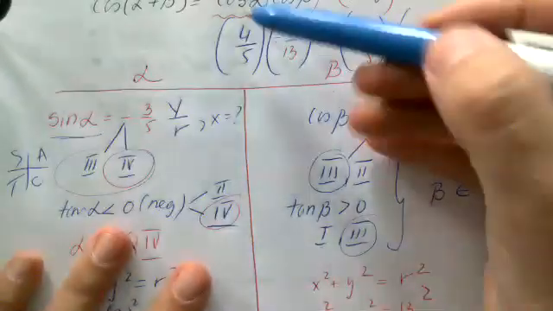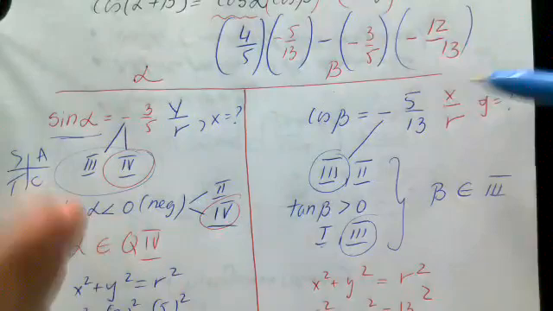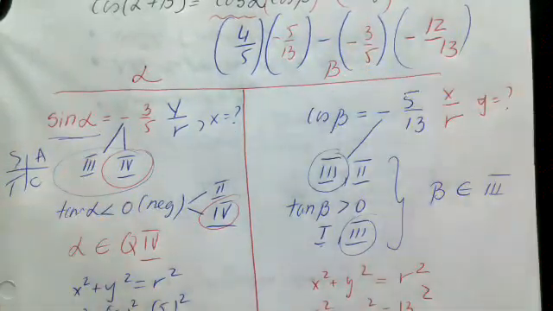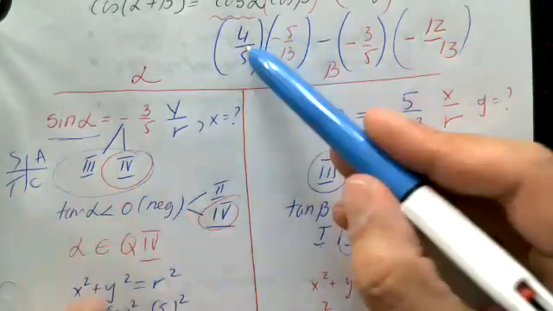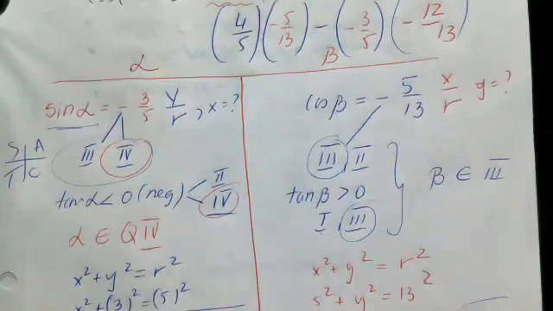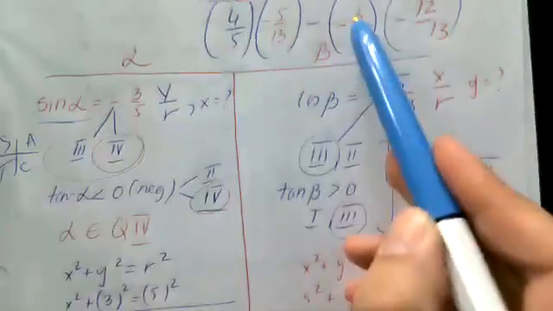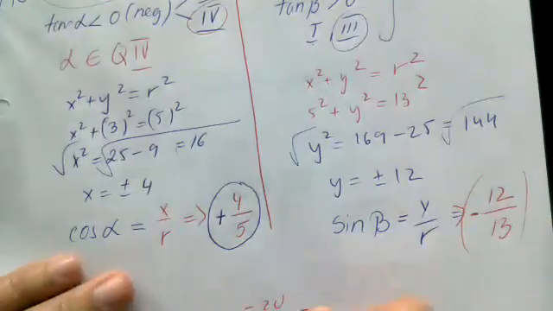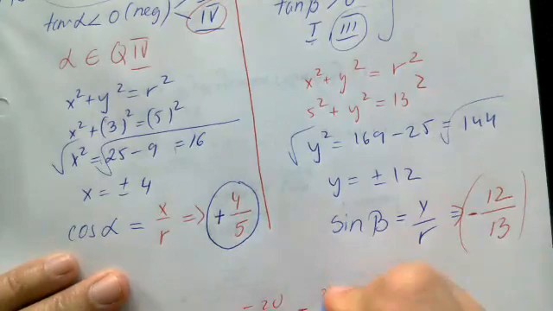Now, once you have a value for each, using the x, y, r for each of the angles, you just have to multiply through and see what it reduces to. So you would have 4 times negative 5, that's negative 20, 5 times 13, that's 65. So negative 20 divided by 65, and then you have negative times a negative times a negative. That makes it a negative. 3 times 12, that's 36 over 65.